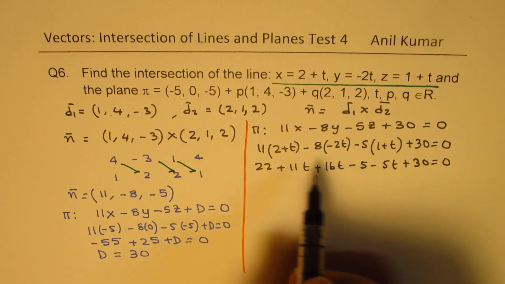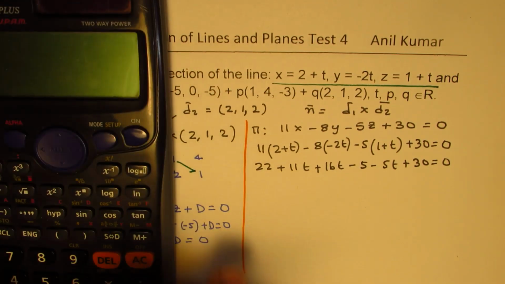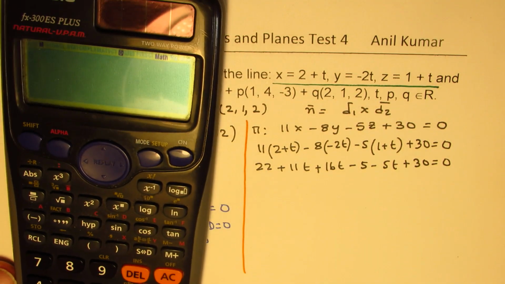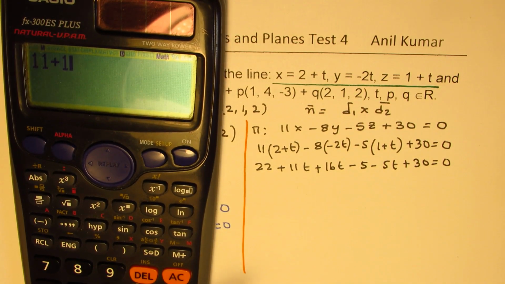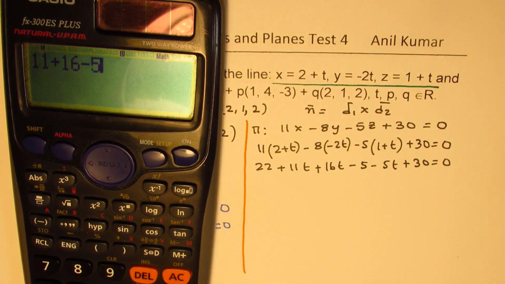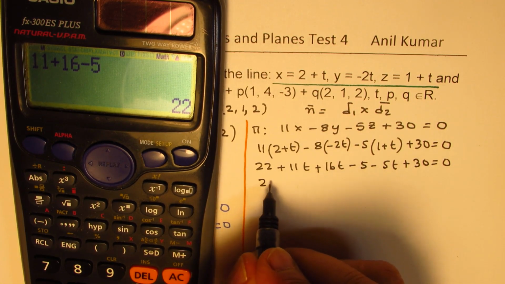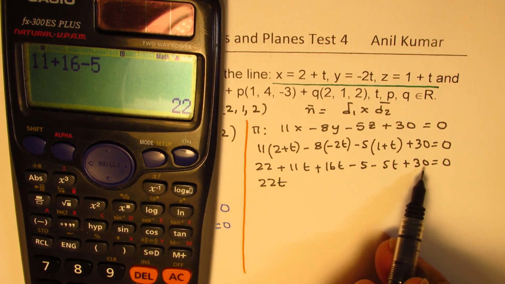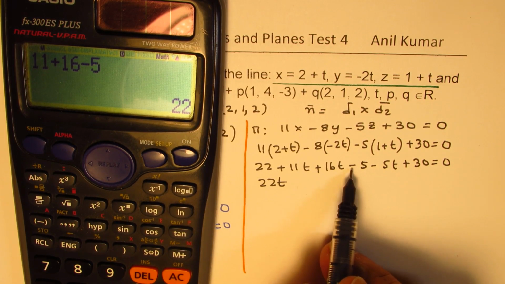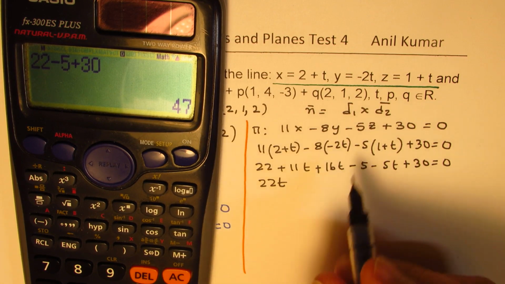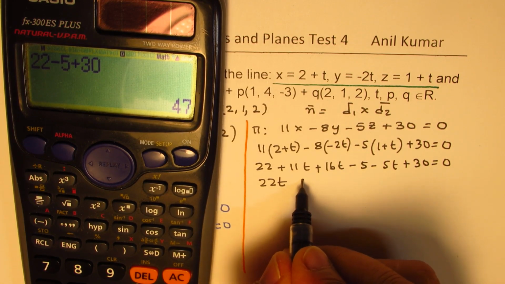Okay, so let's use the calculator. 11 plus 16, and from here we'll take away 5. So as far as t is concerned, we have 22t, and the numbers are 22 minus 5 plus 30, which gives us 47.